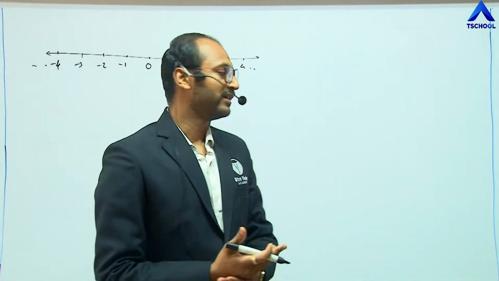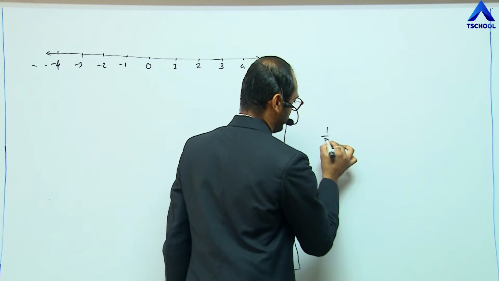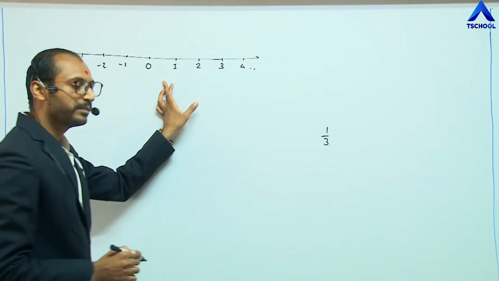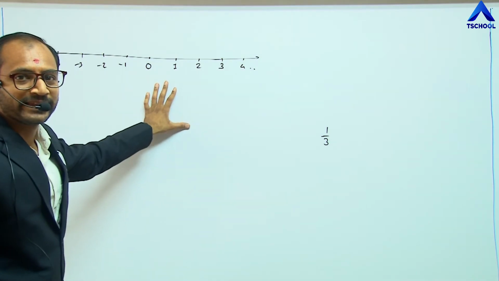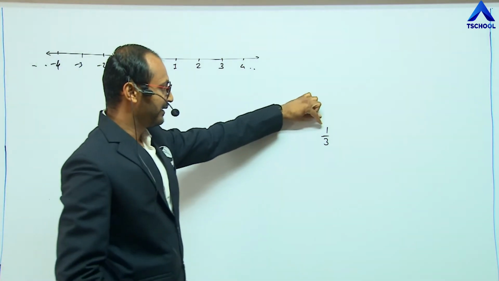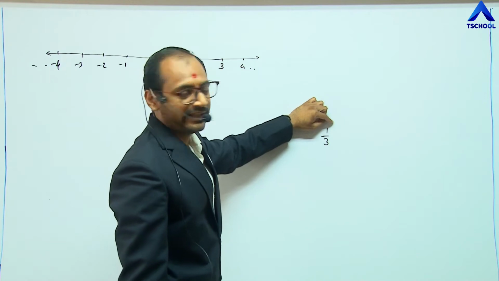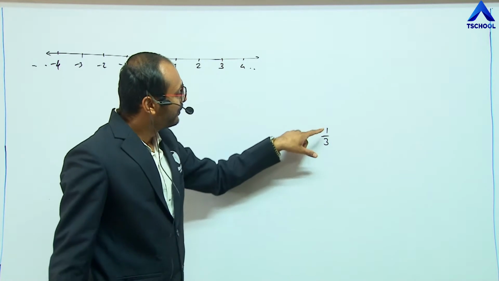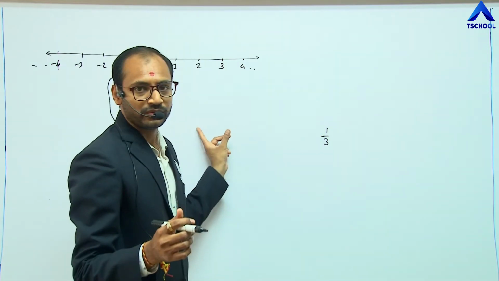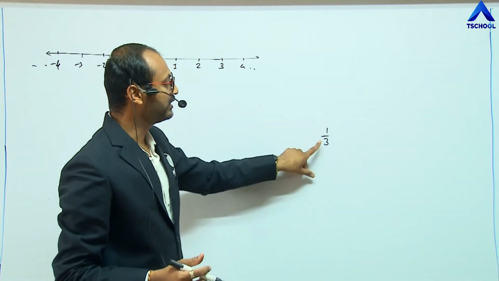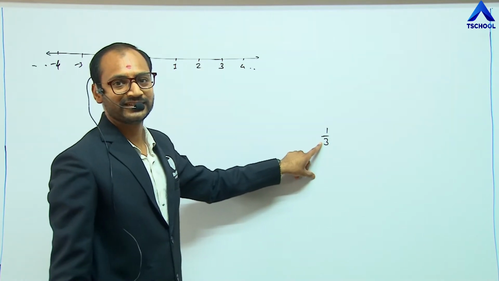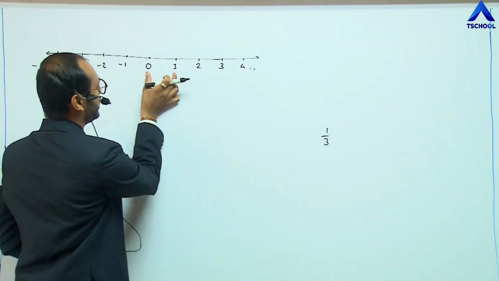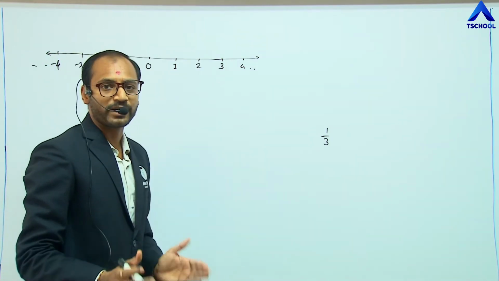A rational number like 1 upon 3. How can we represent 1 upon 3 on the number line? We discussed that the distance from 0 to 1 is divided into 3 equal parts.